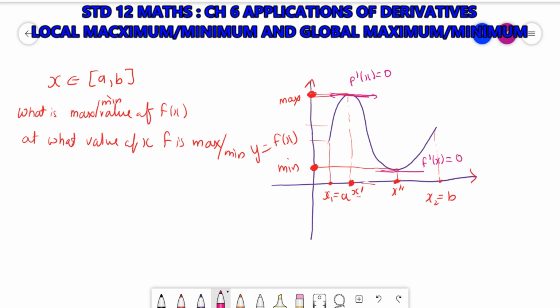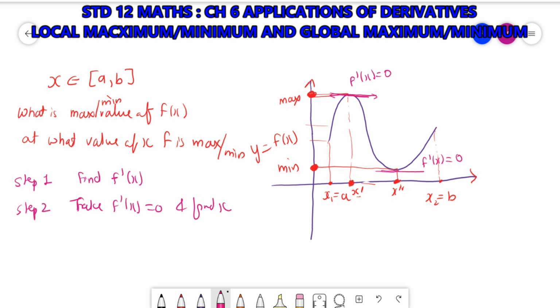So what we will do, our step 1, find f dash x. Whatever curve is given, we'll take its derivative f dash x. Step 2, take f dash x equal to 0 and find x.